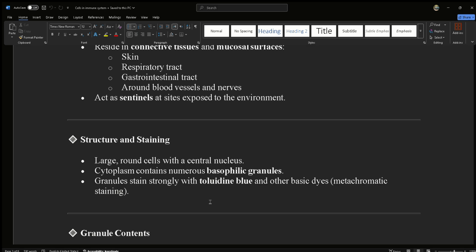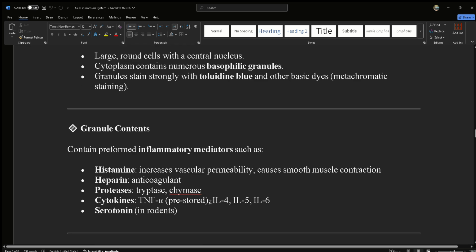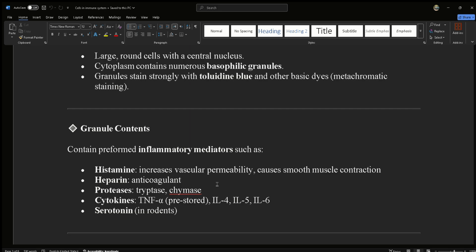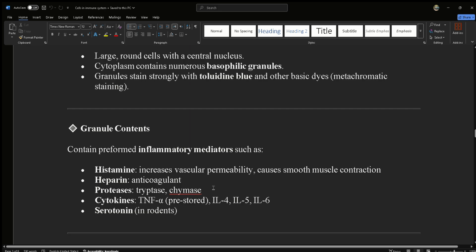Cytoplasm contains numerous basophilic granules. Granules stain strongly with toluidine blue and other basic dyes. These granules contain mostly histamine, which increases vascular permeability, causes smooth muscle contraction, and produces the type 1 hypersensitivity response. Also heparin, an anticoagulant, proteases, tryptase and chymase, and cytokines.